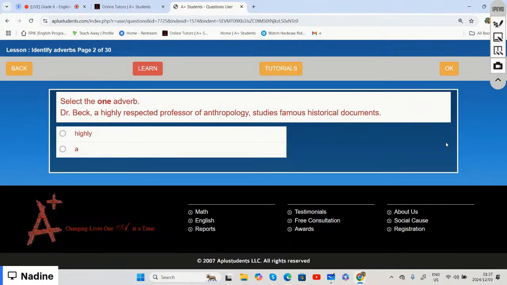It says Dr. Beck, a highly respected professor of anthropology, studies famous historical documents.